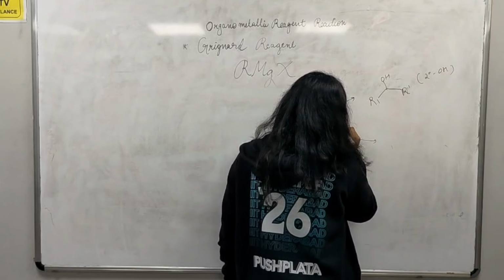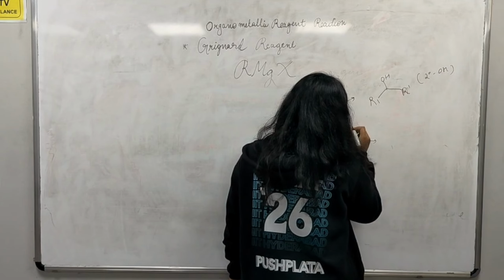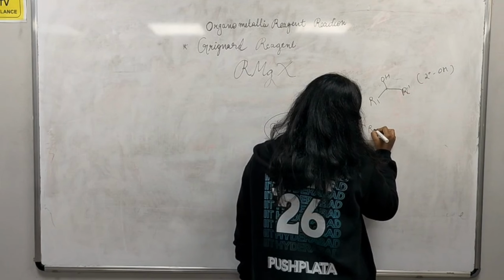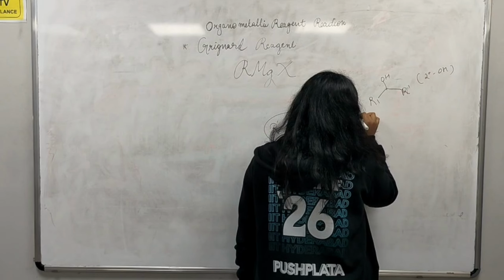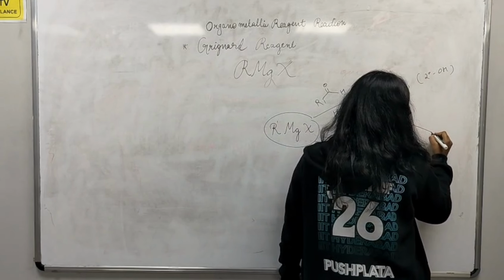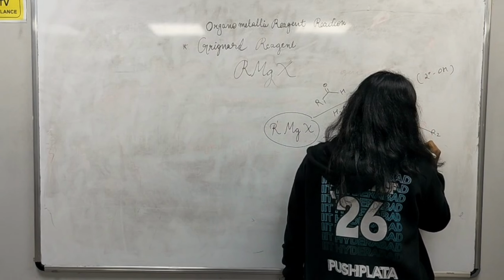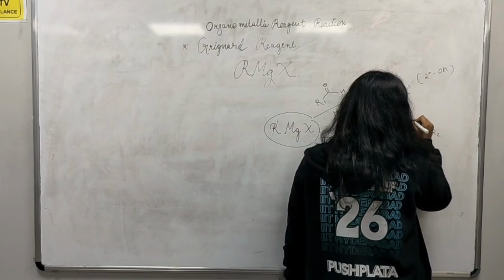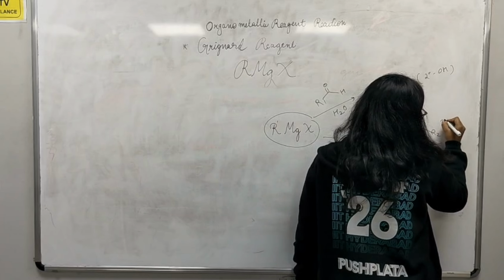When it reacts with ketone, it gives 3-degree alcohol.